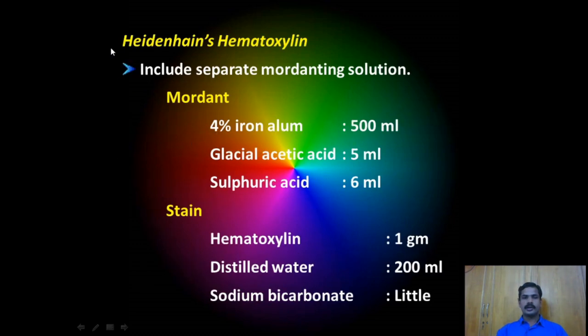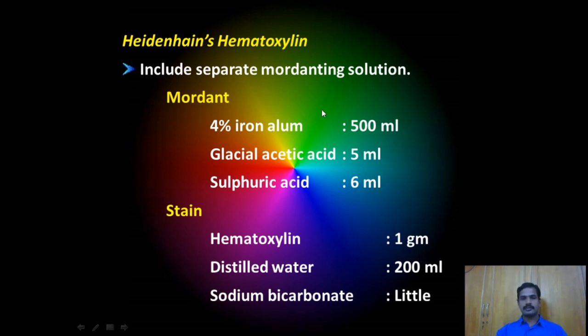Then another hematoxylin preparation is Ehrlich's hematoxylin, and this includes 2 separate preparations. One is the preparation of mordant and one is the preparation of stain, and they are mixed together when they are used. So for the preparation of mordant, 500 ml of 4% iron alum and 5 ml of glacial acetic acid and 6 ml of sulfuric acid are mixed.